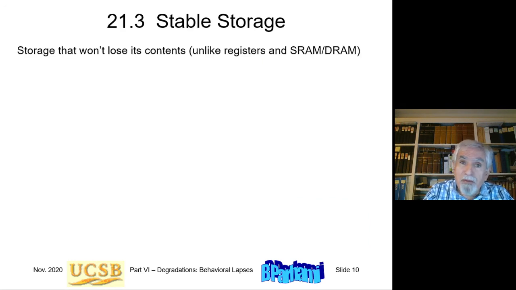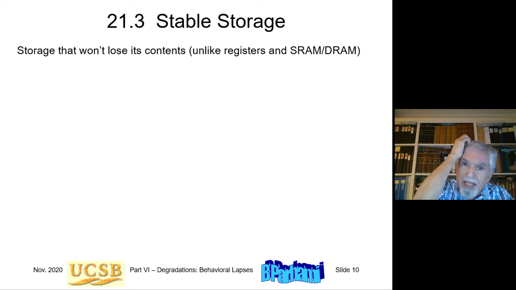Okay, one of the requirements for being able to recover from malfunctions is to have stable storage. Stable storage is storage that won't lose its contents. So it's unlike registers, SRAM, DRAM, which do lose their contents.